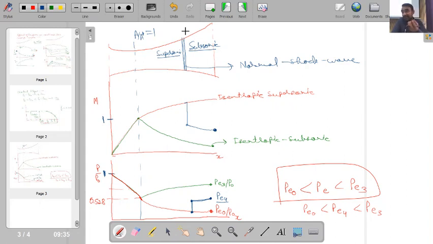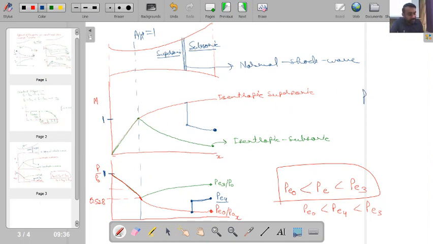So it means that if you do not precisely control the pressure inside the nozzle, there can be presence of a normal shock wave. Now the important point is: what will be the location of this normal shock wave? At which point will this normal shock wave form? The location of the normal shock wave is controlled by the value of the exit pressure.